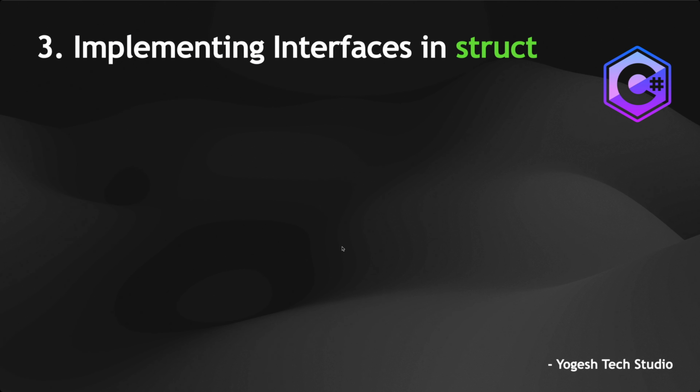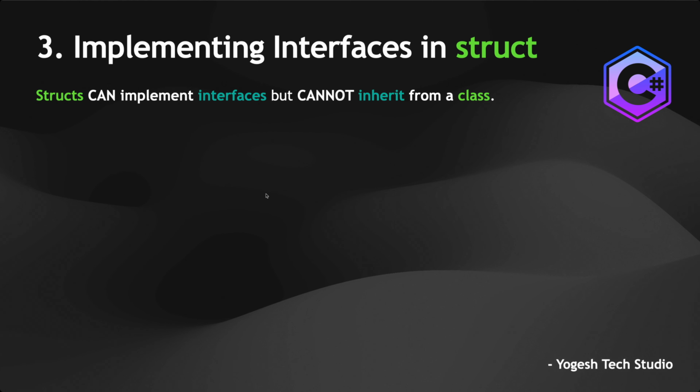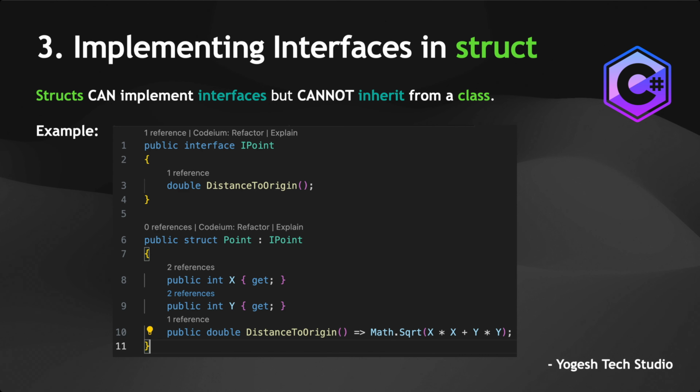Next, let's see how we can implement the interface within struct. Okay, so as I said, struct can implement interfaces. It cannot be inherited. So just remember that. This will be the example that we'll be following. We'll be creating a new interface, and basically implement that into the struct.